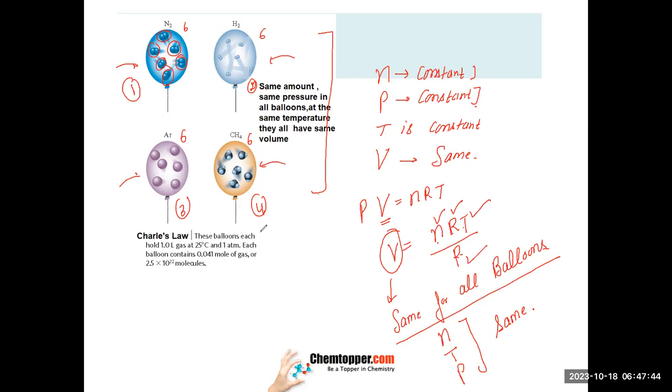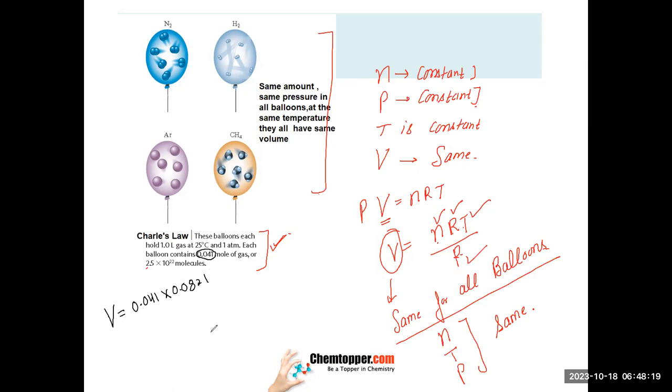You can calculate the volume also from the condition given to us here. Read this question. Can I calculate the volume of this balloon? Yes. Can we calculate? So volume of the balloon: n is given, 0.041, and R is 0.0821. Temperature is given.